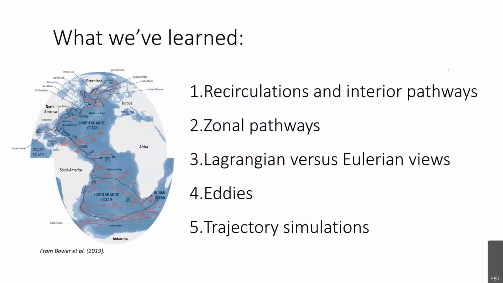Question from Jose Valencia. Nice talk. What are the pathways of deep water filling the Caribbean basin? Well, the deep Caribbean is, well, I'm not super familiar with all the passages. The deep Caribbean is somewhat closed off from the North Atlantic.